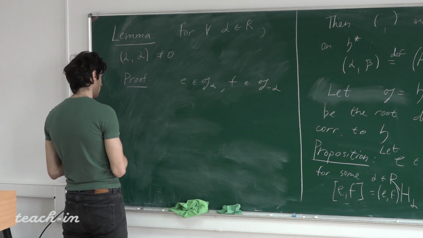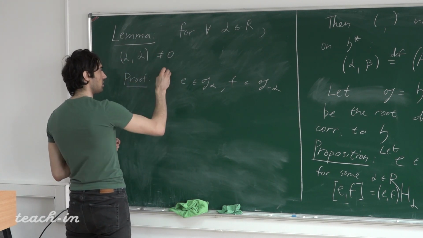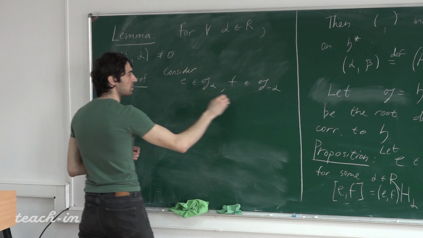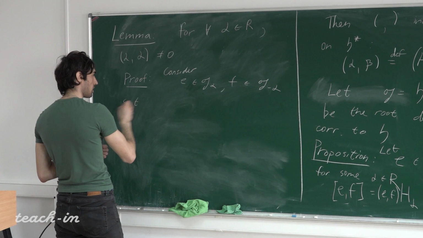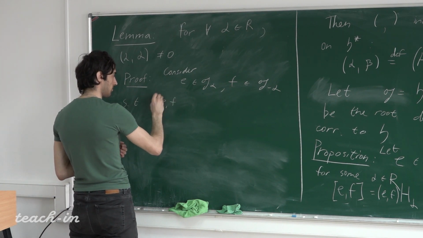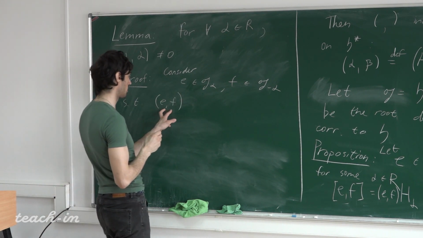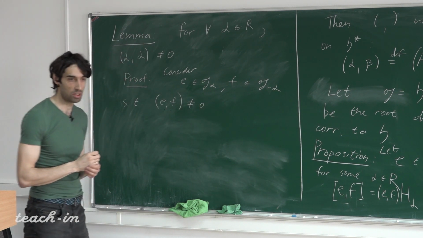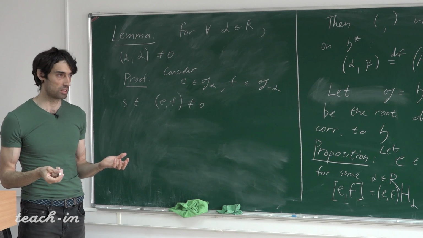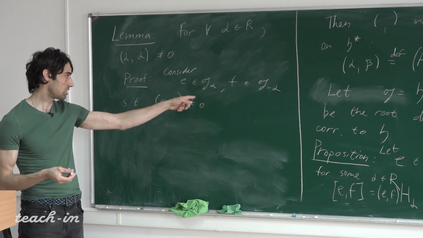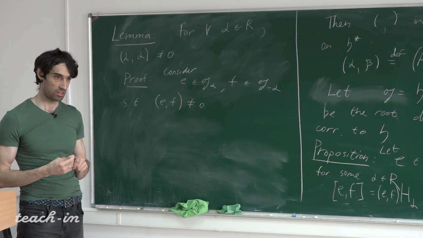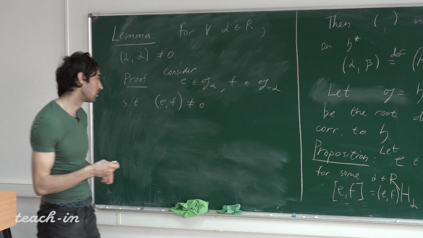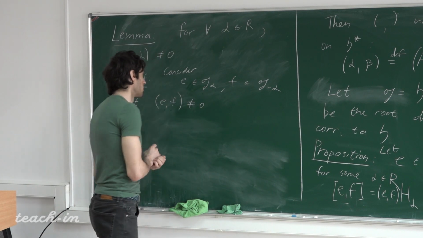So let me take them such that I also would like the form of them to be non-zero. I have the right to do so because the form is non-degenerate restricted to G alpha tensor G negative alpha. Okay, very well.